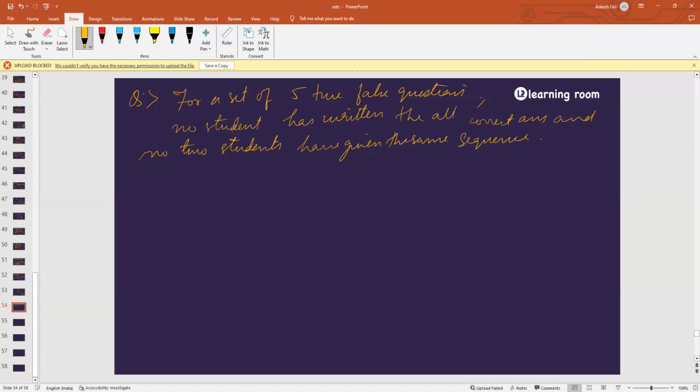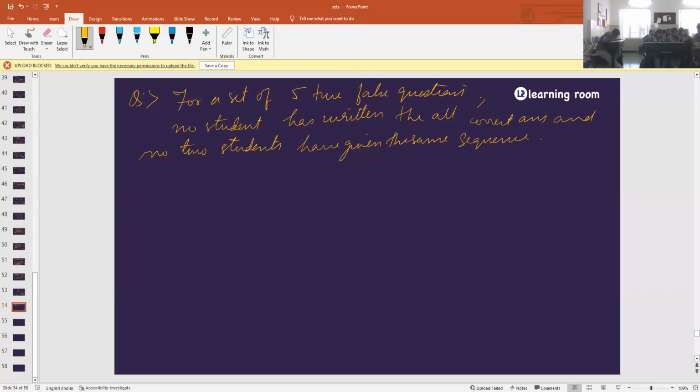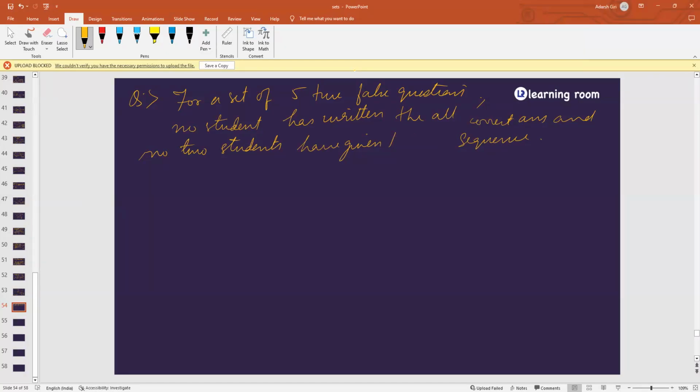Like if one is saying true, false, true, false, true, no two students are matching with the same sequence.